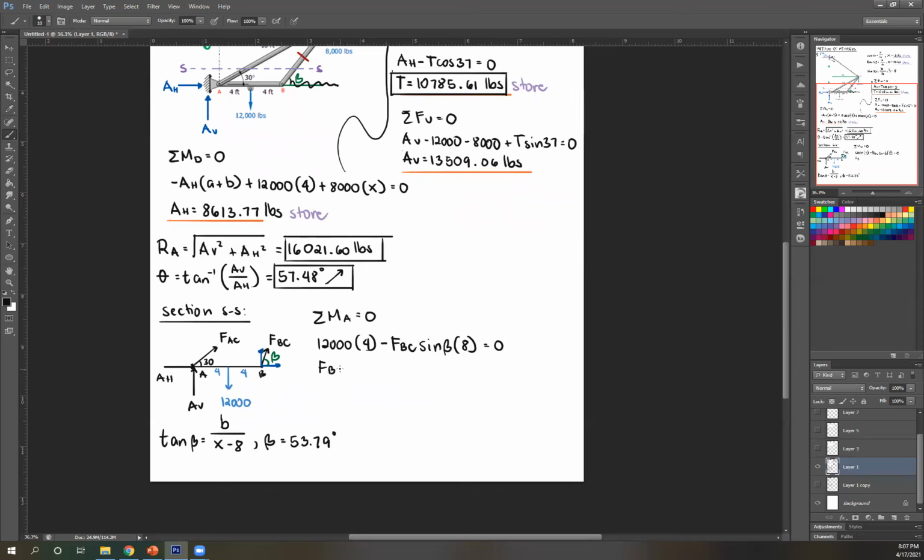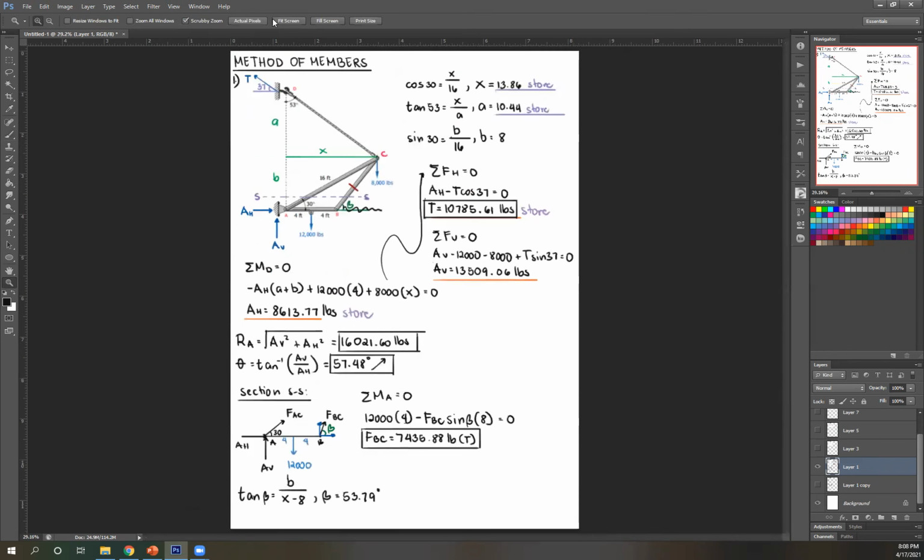Then from this equation, I can solve for FBC, which is 7,435.88 pounds. Positive, therefore correct assumption of direction. It's away from your member, therefore tension. So there. Those are your answers for number 1.